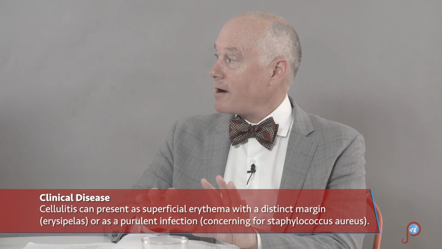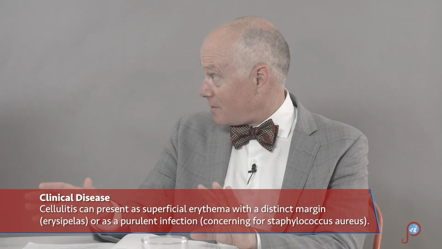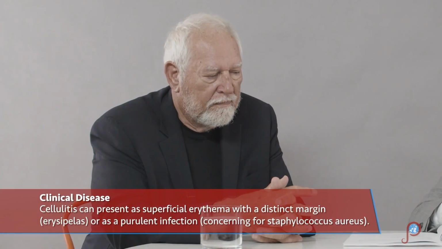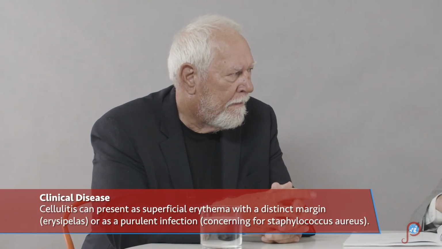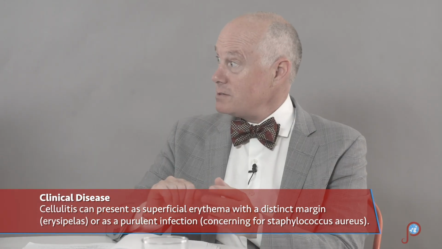And one of the things I'm going to say that makes it complicated is that there are two main types of cellulitis. Okay. In cellulitis, we break it down into non-purulent and purulent. The non-purulent is our classic erysipelas or streptococcal skin infection, which tends to be very superficial, very warm, very red, often with distinct margins, distinct borders.